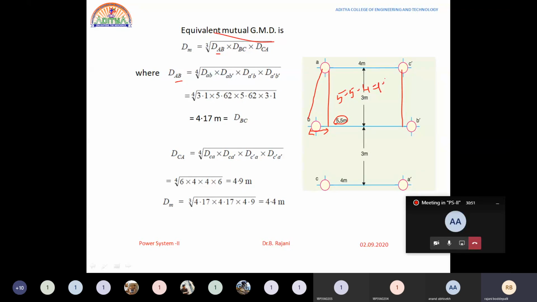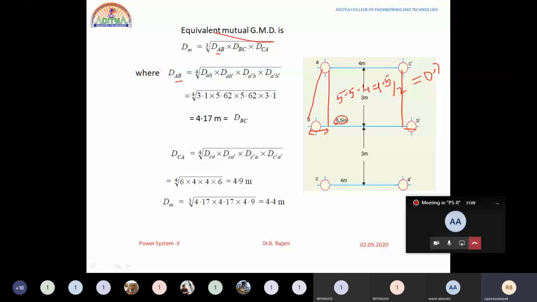We have 1.5. Now, if this 1.5 is distributed equally to this side and this side, 1.5 by 2 gives 0.75.